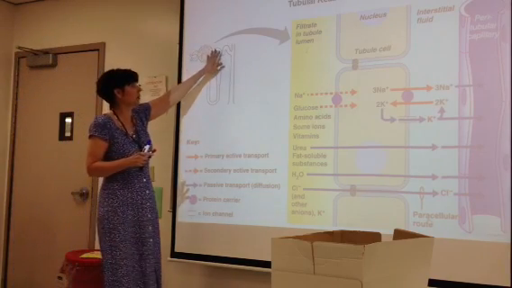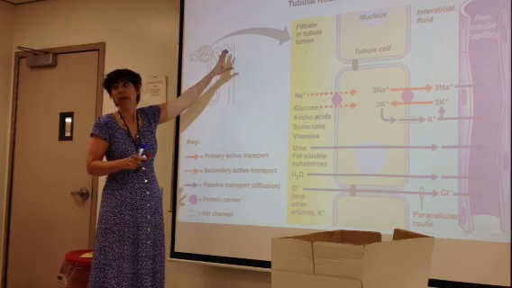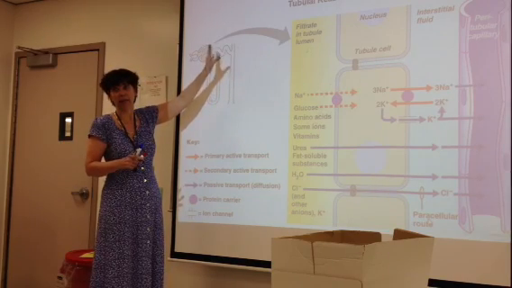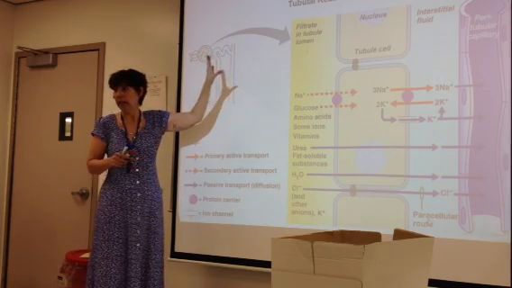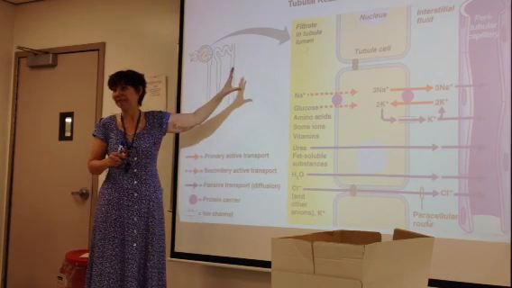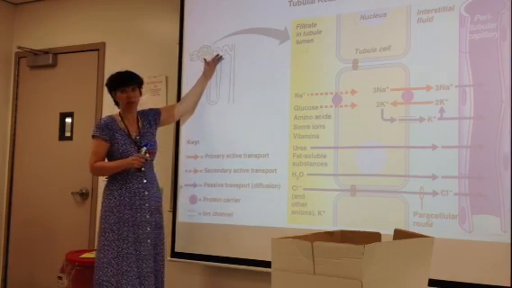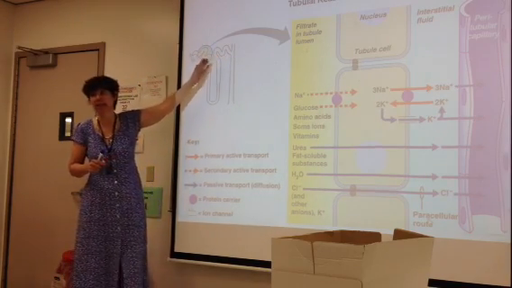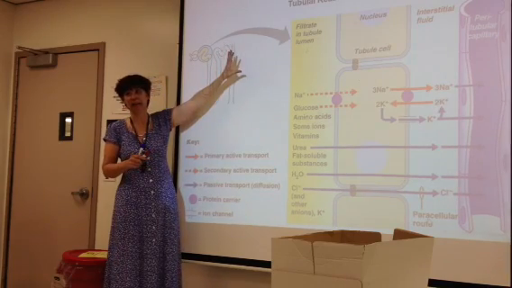In the distal tubule and in the collecting duct, we are going to affect the movement of sodium, potassium, calcium, and water primarily. Some more or some less. But the content, whether it's there or not, has already been determined. Now we just use hormones to increase or decrease that amount.